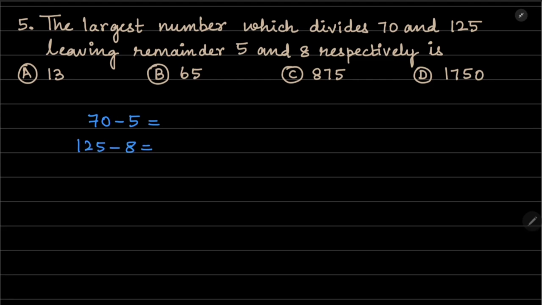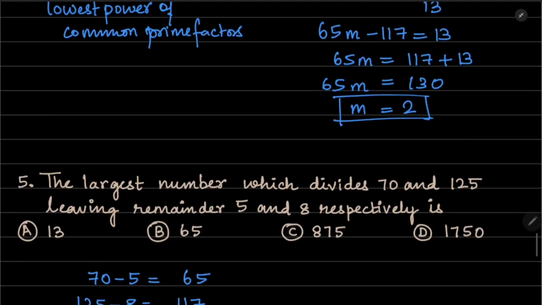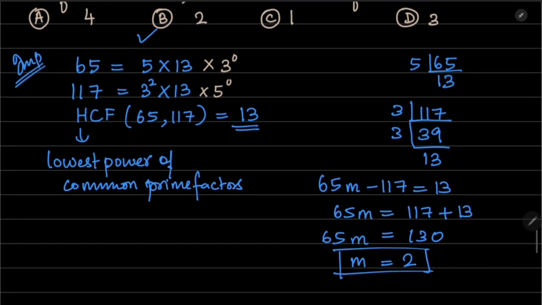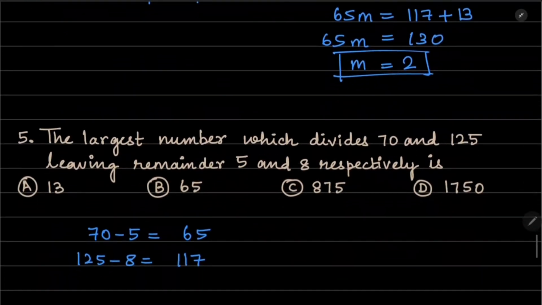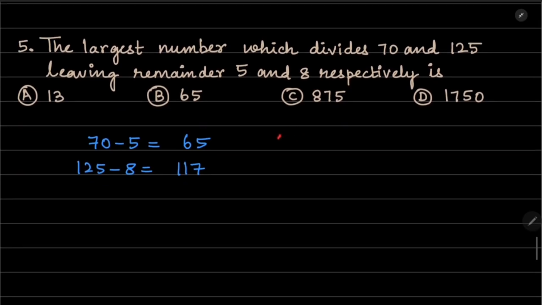Right? 70 minus 5 is 65. 125 minus 8 is 117. So in the previous question, we would have done the prime factorization of both. So let's write that. So 65, the prime factorization is nothing but 5 multiplied by 13. 117 is 3 square multiplied by 13.